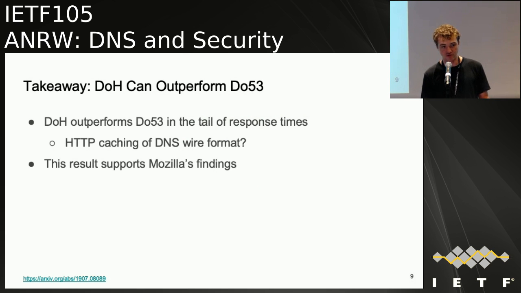So again, the takeaway seems to be that for some reason DO is outperforming DO53 for some percentage of queries. There are multiple reasons we think this might be, one of which might be caching of the DNS wire format.